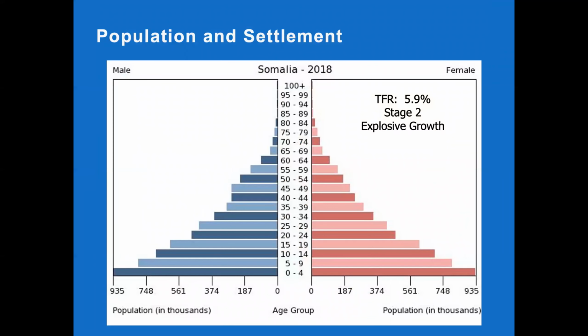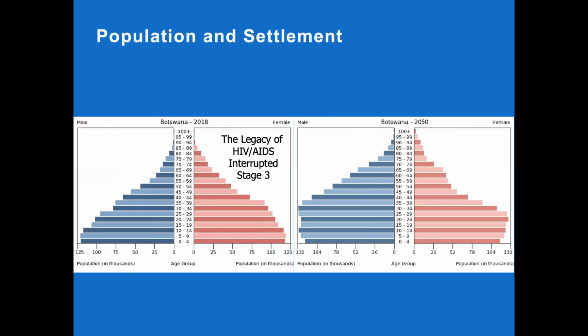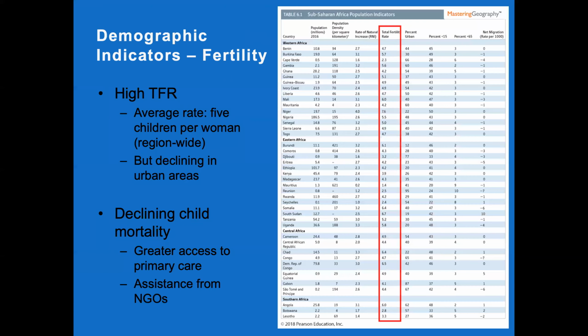So here's a place like Somalia or Niger, or comparing Botswana in 2018 to Botswana in 2050, and the interrupted nature of that as a function of HIV/AIDS. And here are some of the fertility rates.